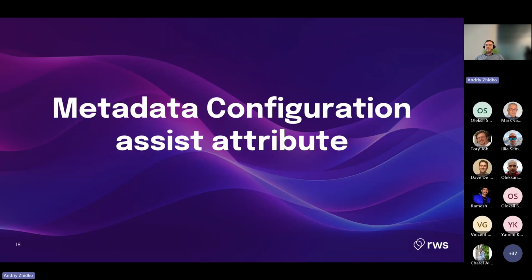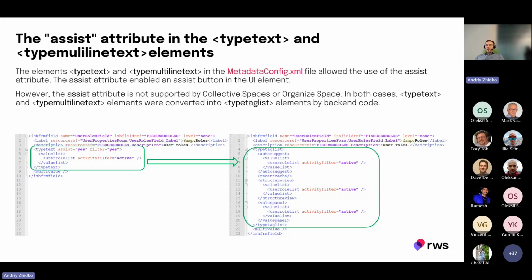So let's continue with metadata configuration and talk about the assist attribute. First, let's start with the reason for this change. As background, the assist attribute was allowed to be used on the text and multi-line text elements, and if specified, it was enabling the assist button for UI elements.